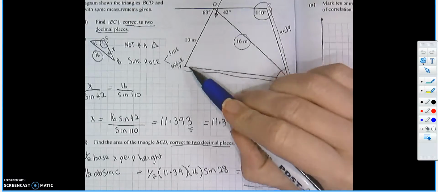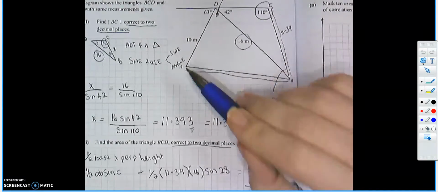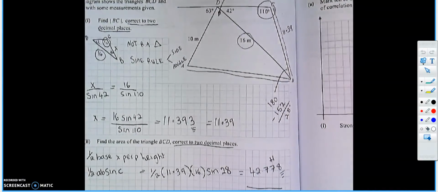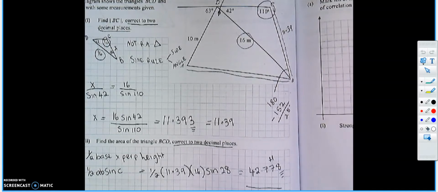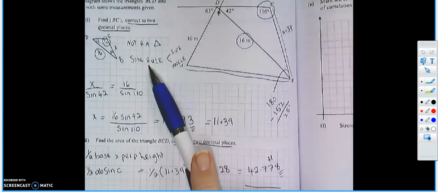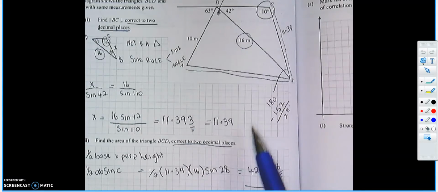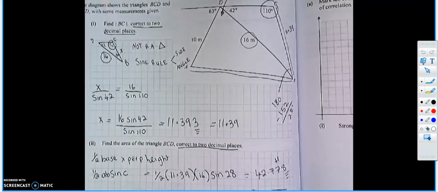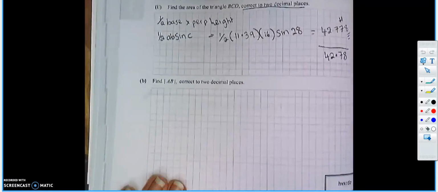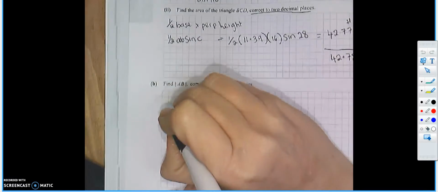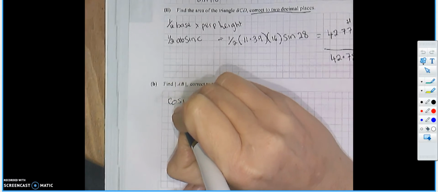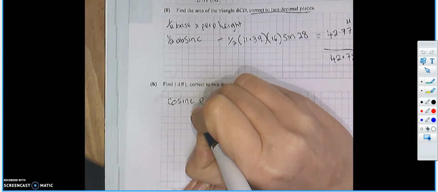I can't find the others. So to find my AB, do I have a right angle triangle? The answer is no. Can I use the sine rule? Do I have a side and its opposite angle? The answer also is no. So what I am left to do is use the cosine rule.